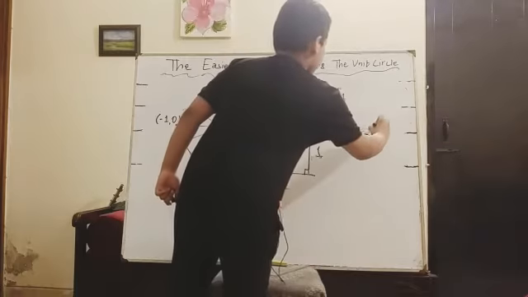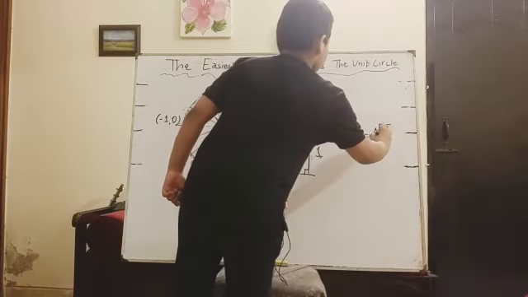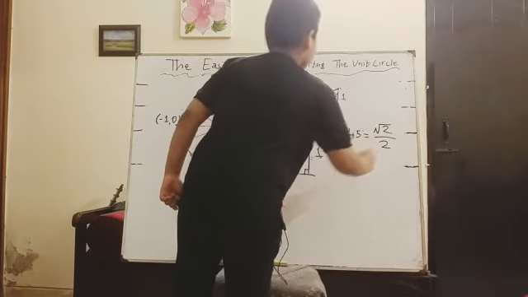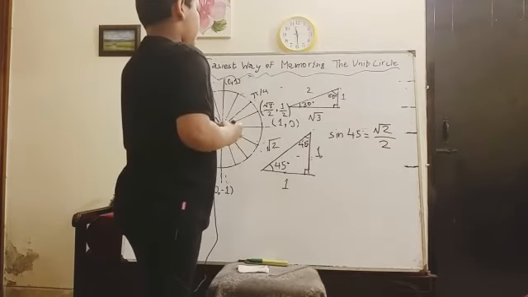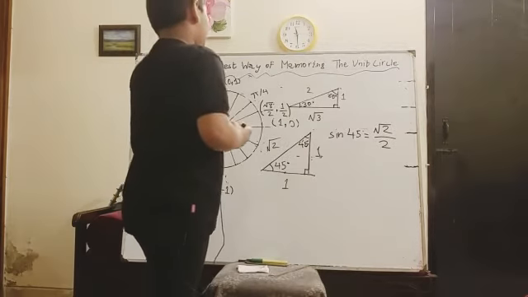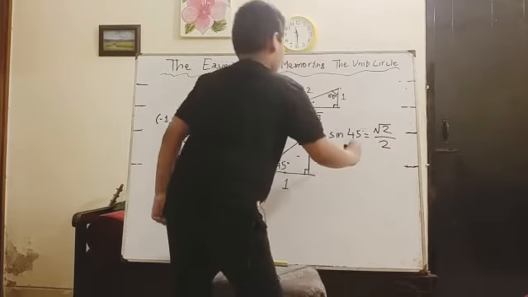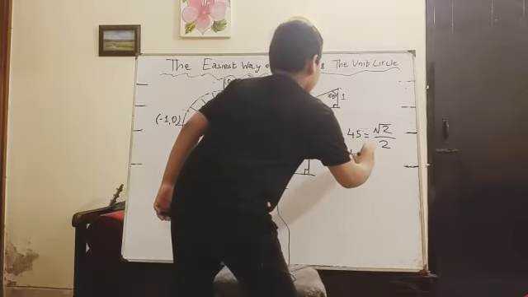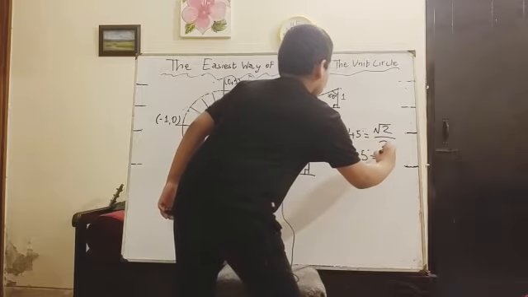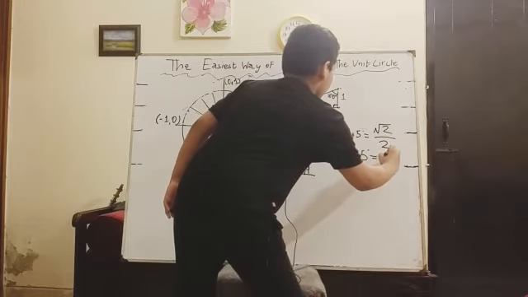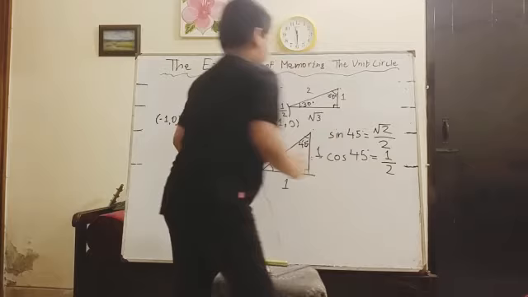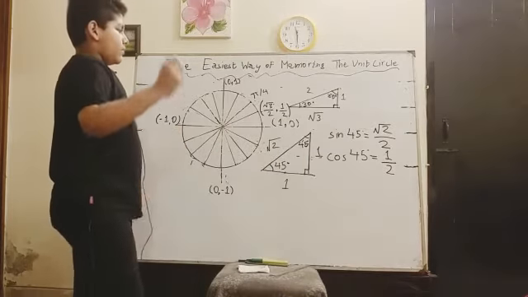Square root of 2 over 2. Now the cosine would be one half.